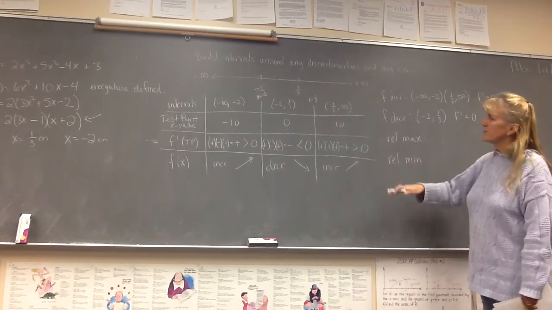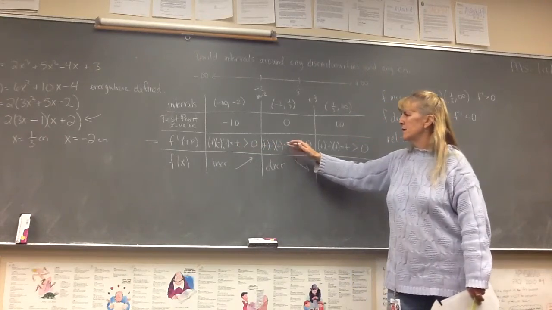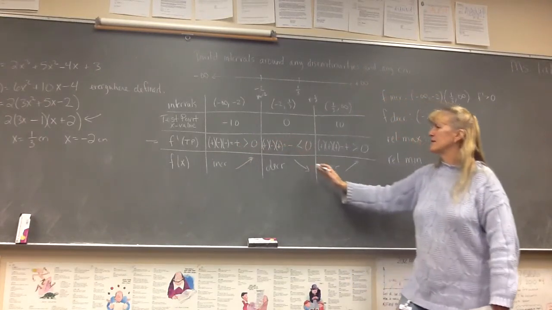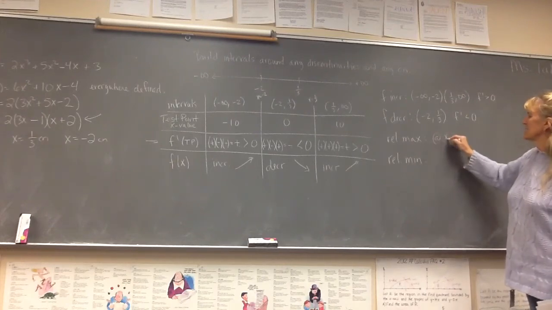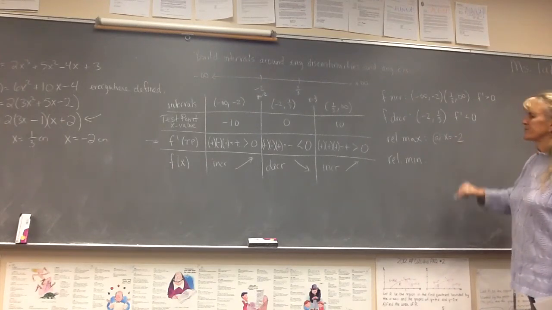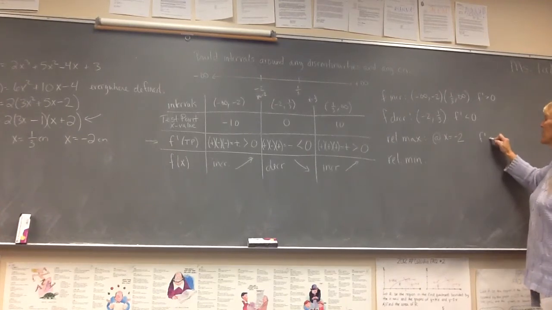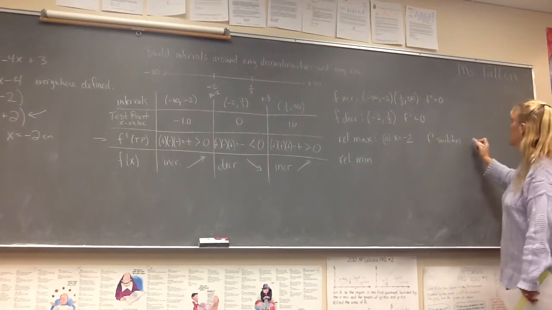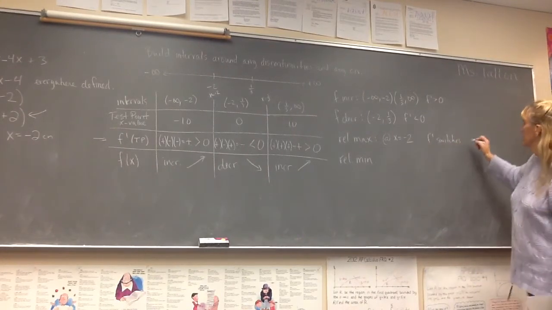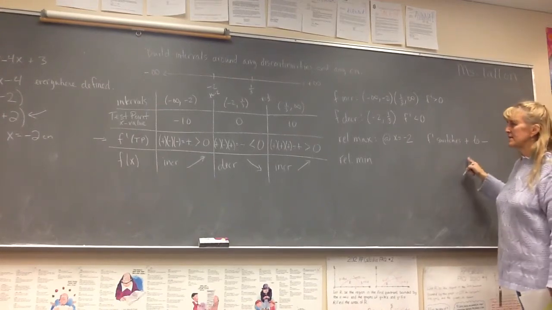Well, the first derivative changes sign from positive to negative, which means I'm going to have a relative max. Right there, at x equals -2, I have a relative max. Why? Because f prime switches or changes from what to what? From positive to negative. That's what I need to see.